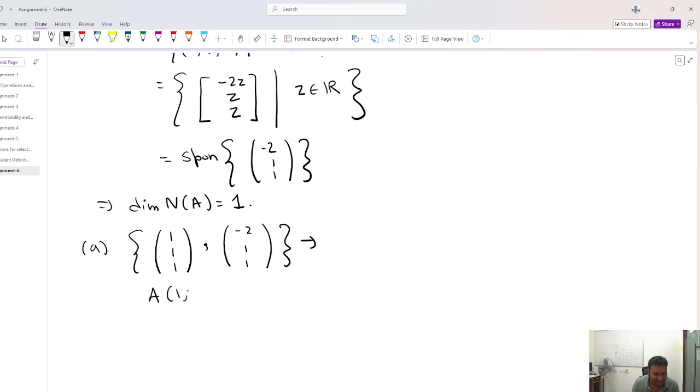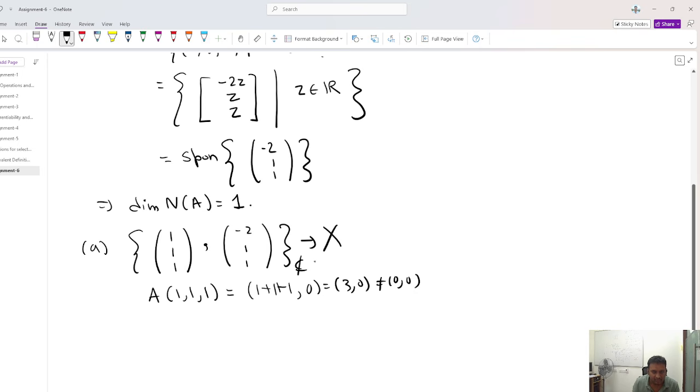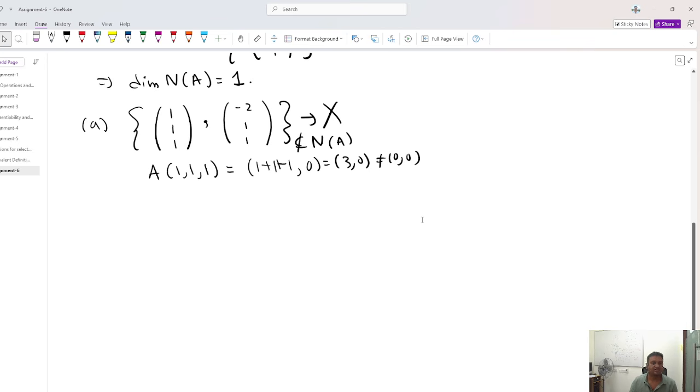What is A of 1, 1, 1? It is 1 plus 1 plus 1 comma 1 minus 1, that is 3, 0. Well, this is not even contained in your null space. So definitely it will not be a basis, right? Good. So two reasons I have given.